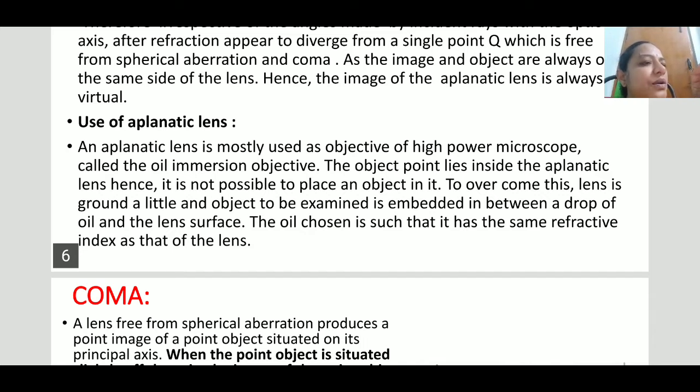To overcome this problem, the lens is ground a little and the object to be examined is placed between a drop of oil and the lens surface. The oil has the same refractive index as the lens. This is the preparation of the aplanatic lens.